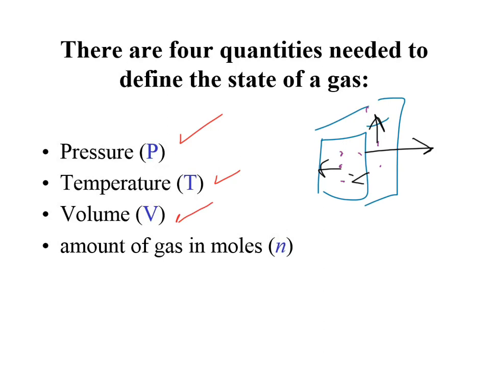And though we don't need the identity of the particles, we do need the number of moles. So in enters another variable. Anytime you see a variable n, that is the number of moles.